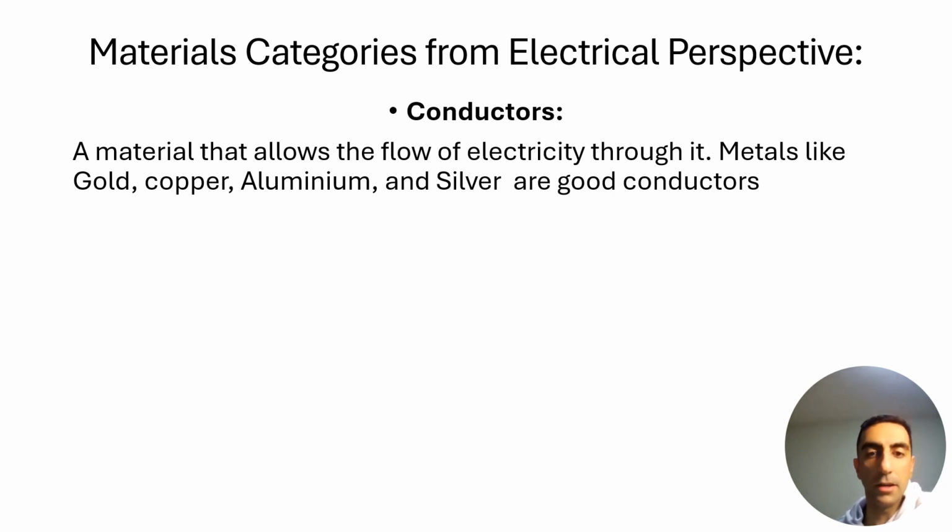A conductor is a material that allows the flow of electricity through it, such as metals like gold, copper, aluminum, or aluminium, silver, and you know better. Many metals in the market are all among conductors. They conduct; they allow the electric current to pass.